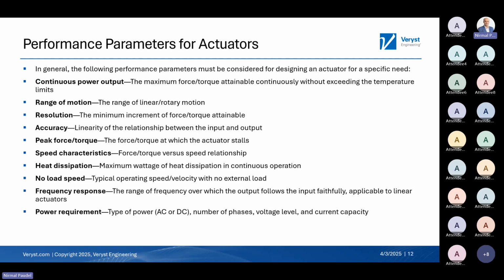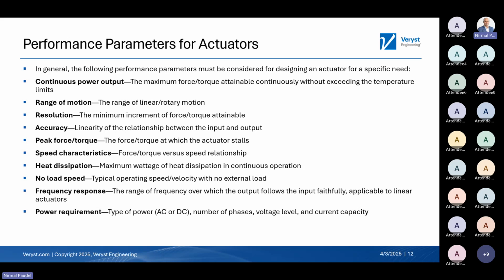So when we are in the process of designing the actuator, we want to define the ratings of those. The ratings could be in various forms, depending on the applications. Some of these that I have listed here are continuous power output.